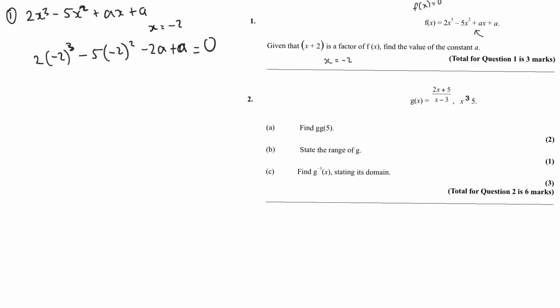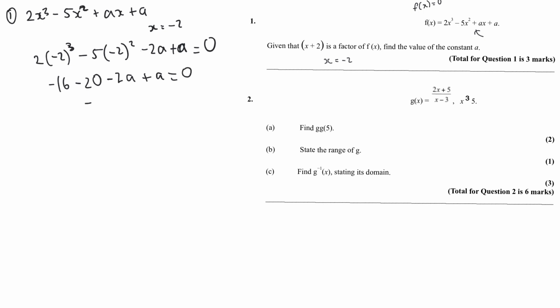Okay, so to work out what a is, just expand what we have so far. So minus 2 cubed would be minus 8 times 2, which is minus 16. And then minus 5 times minus 2 squared is 4 times minus 5, which is minus 20. And then you still have your minus 2a plus a is equal to 0.